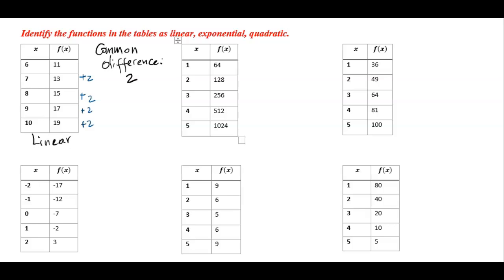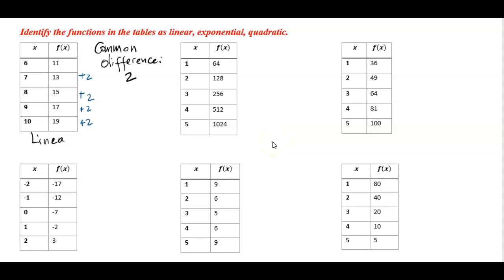If we multiply 64 by 2, we get 128. And if we multiply 128 by 2, we get 256.